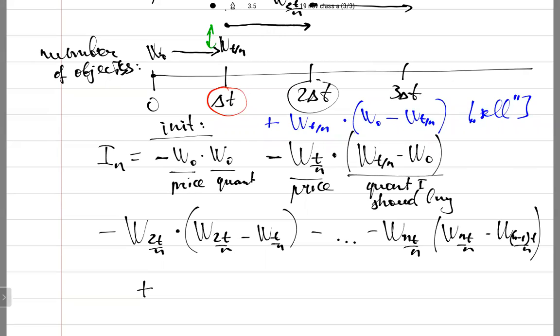I have a big portfolio, and I can sell the whole portfolio. These are transactions to maintain the number of cups required by my trading strategy, and the final value of the portfolio I should add with plus, and it will be W_T multiplied by W_T, because the quantity in my strange strategy equals the price.